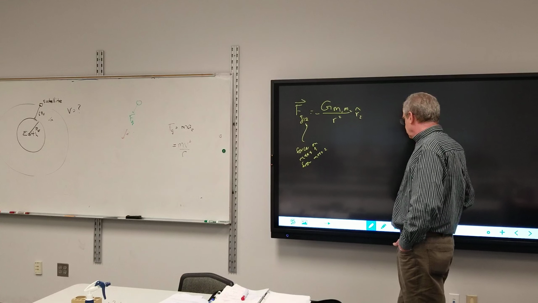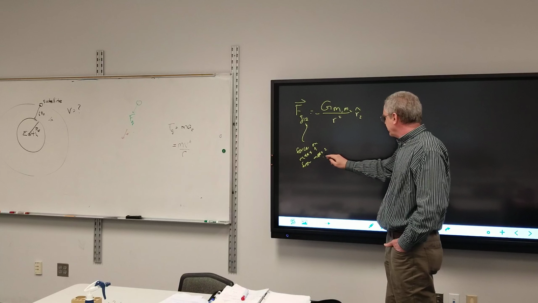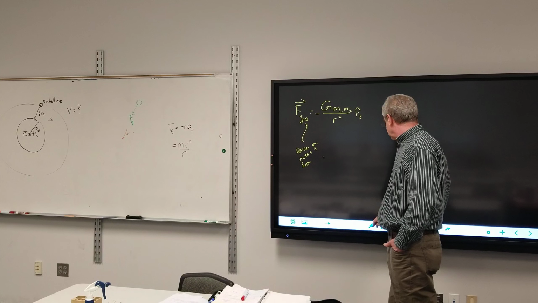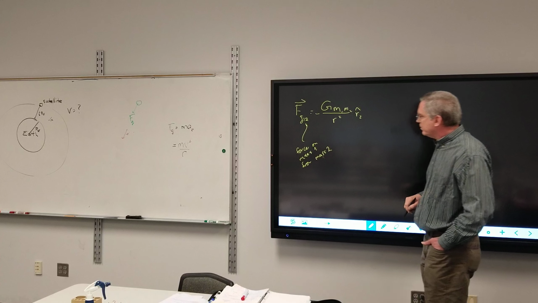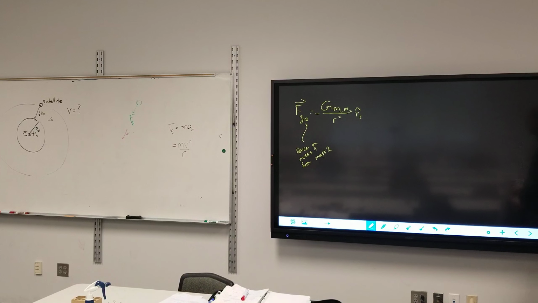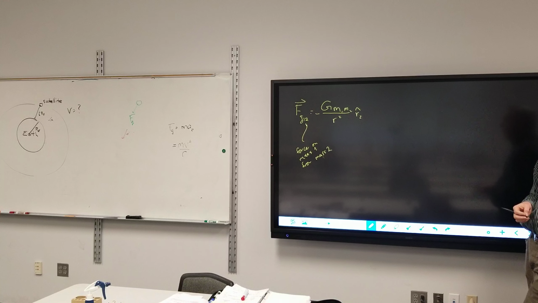I didn't write that correctly. I just wrote incredibly sloppily. So this is a more formal writing of this force due to gravity. The negative r hat is purely directional.